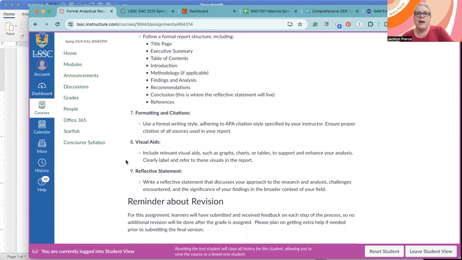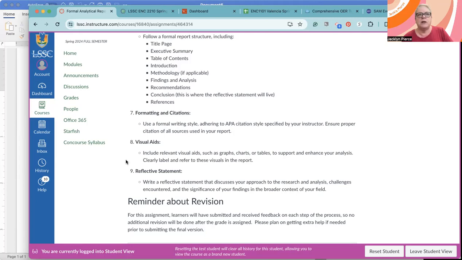You can always manually create a caption, but I would prefer that you use Word's tools because it really does make things easier. But anyway, in the conclusion, you are going to write a reflective statement that discusses your approach to the research and analysis, challenges encountered, and the significance of your findings in the broader context of your field.